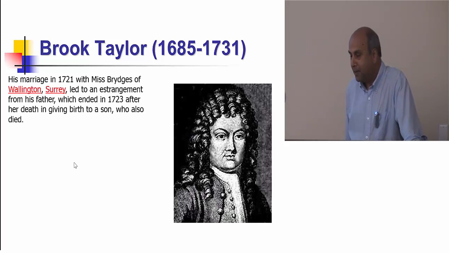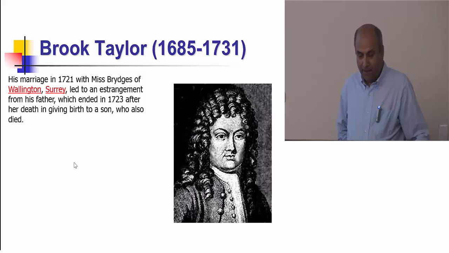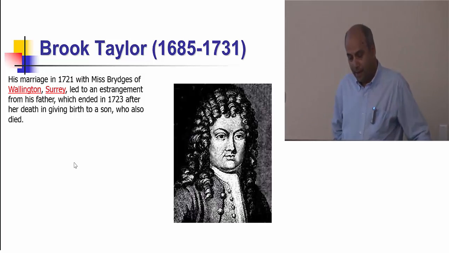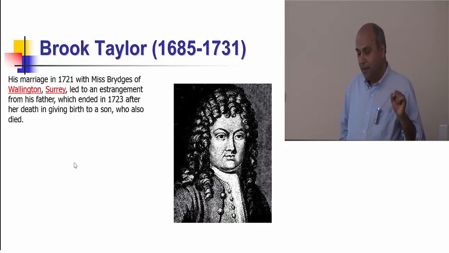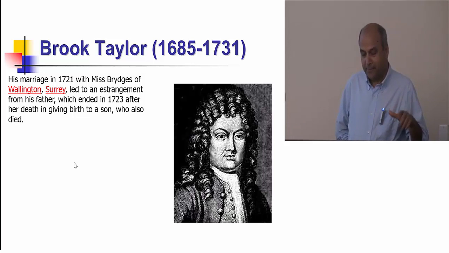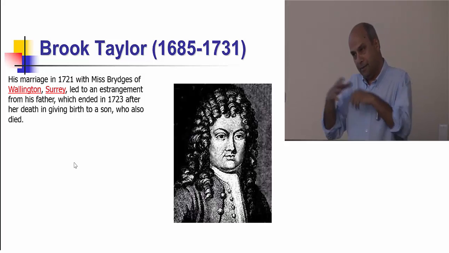Interesting thing about this guy, he had a problem getting a wife. He married in 1721 a lady from Surrey, outside London, but his father wasn't happy. Then this marriage ended in 1723 after she died giving birth to a son, and the son also died.